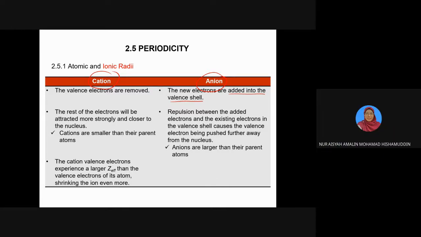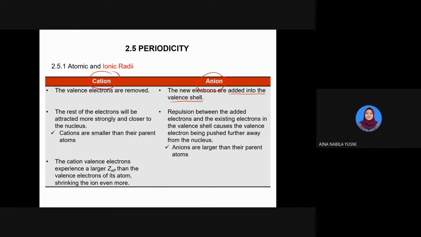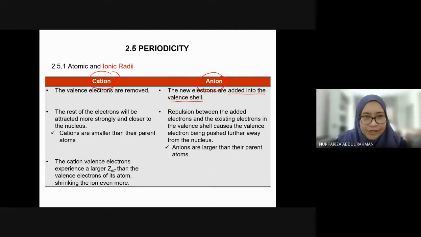Which one will have larger size? Anion. Do you understand my question properly? Which one will have larger size, cation or anion? So the answer would be anion.